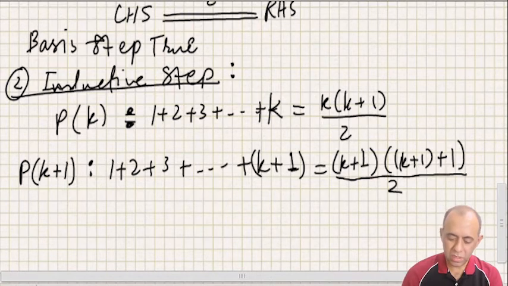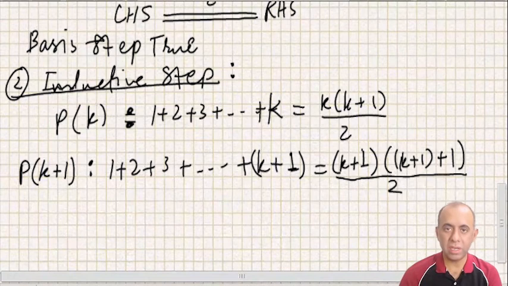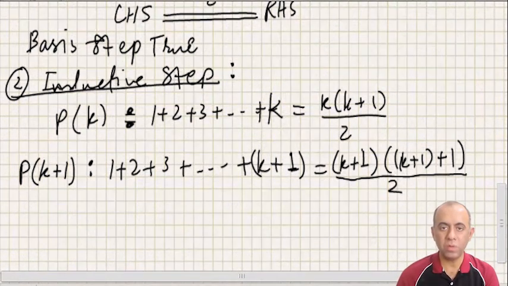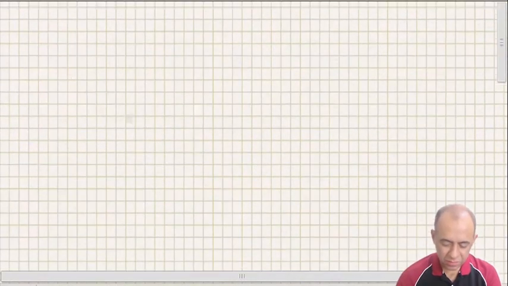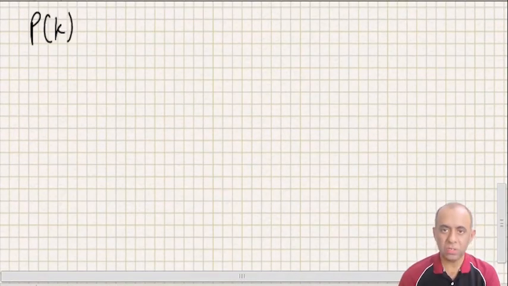This is our kth step. We have assumed that this is true for the kth step. This is just our assumption. Now we will be checking if we can go from the kth step to the k plus first step, right? So what we do is we start from the kth step and we try to climb the next rung of the ladder.